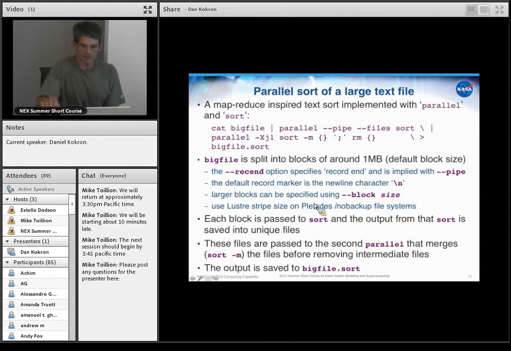Some drawbacks of this. In the extreme, if you had as many cores as you could possibly think of, and you tried to use all of them, this algorithm would get more and more complex for the second step. And that's really not what MapReduce is all about. It's trying to put all the work into the map, and then the reduce should take very little time.